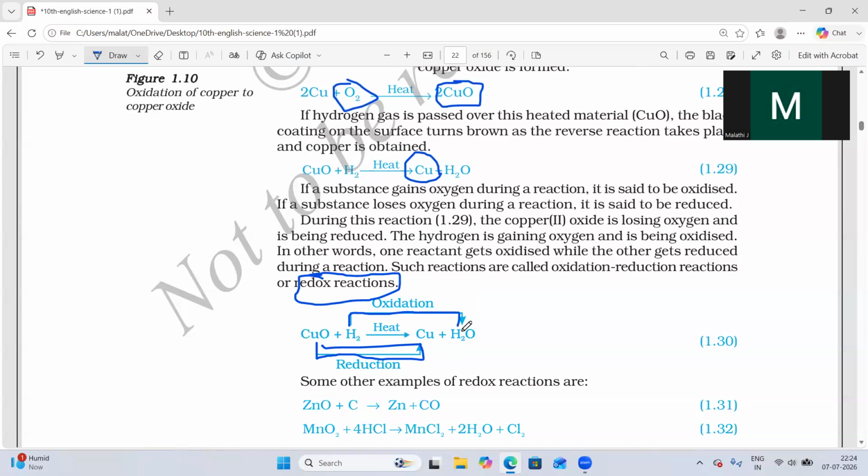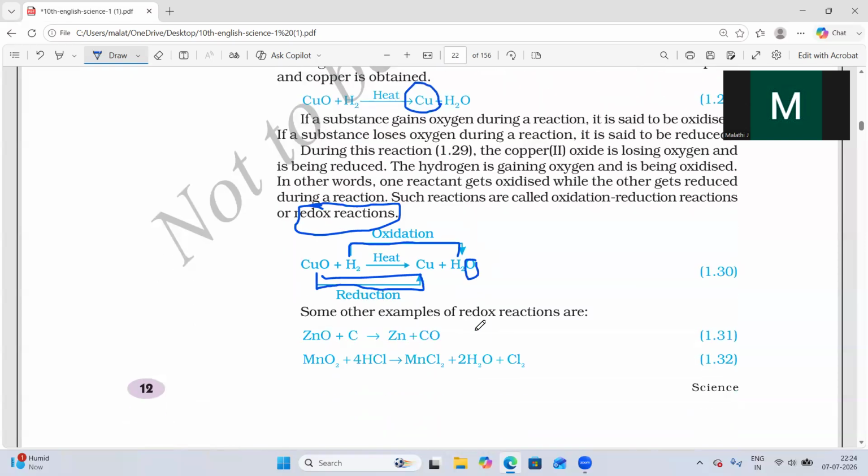When it comes to the product side, there is H2O. Here what is happening? Gain of oxygen. That is a redox reaction, reduction and oxidation. Both take place in the same reaction. Hydrogen is gaining oxygen, while copper oxide is losing oxygen.